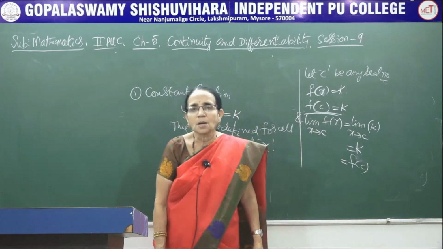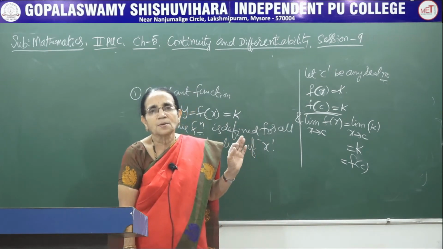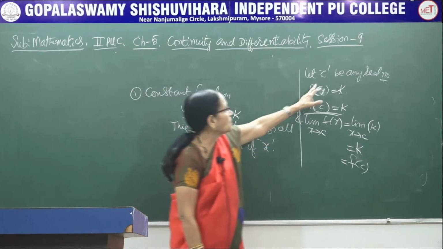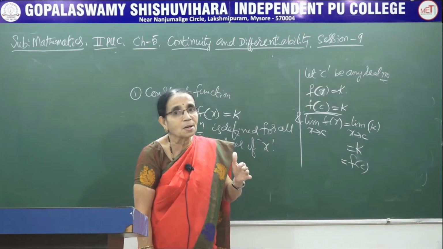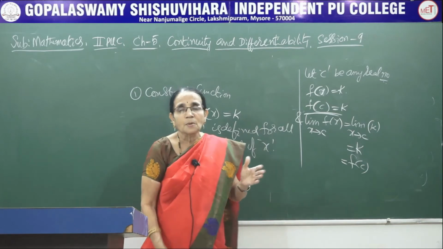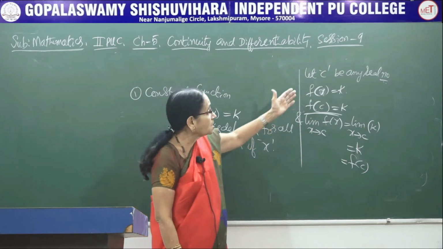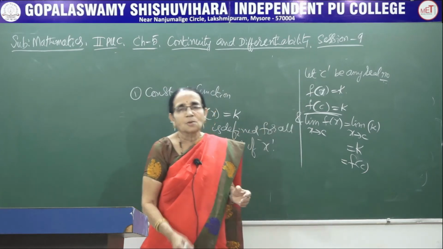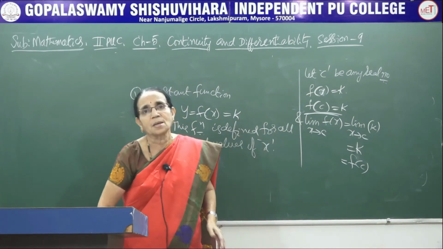Therefore, how do you write the conclusion? The conclusion is the constant function is a continuous function. And what is the value of c? It is some real number. I have not given any particular value. If a value is given, we can say it is continuous at that point. Whereas here, it is a general point I have taken. So, when it is true for any real number, it will be true for all the real numbers.